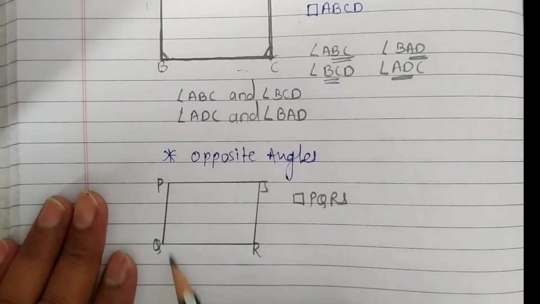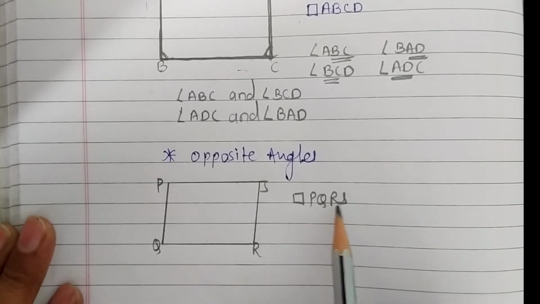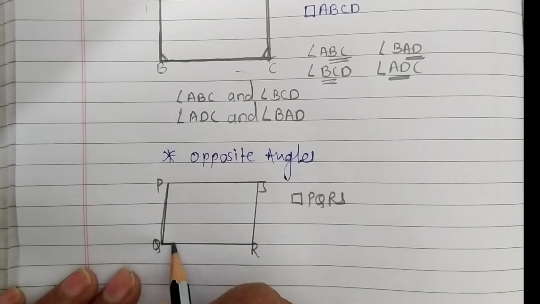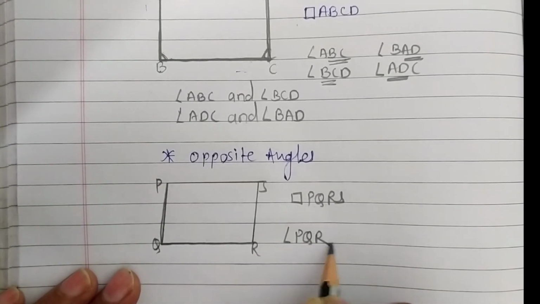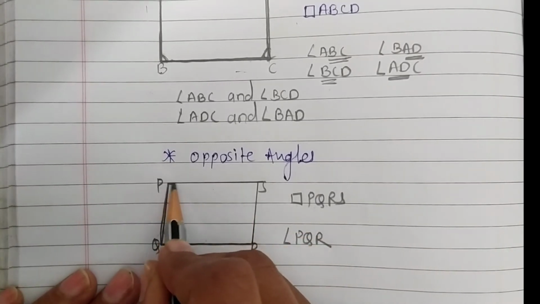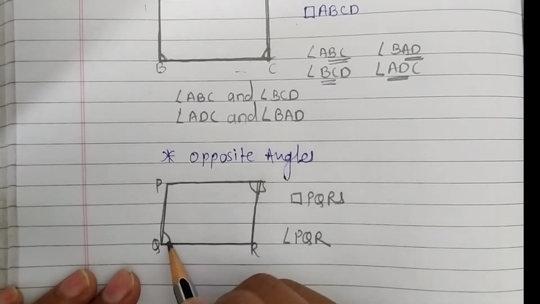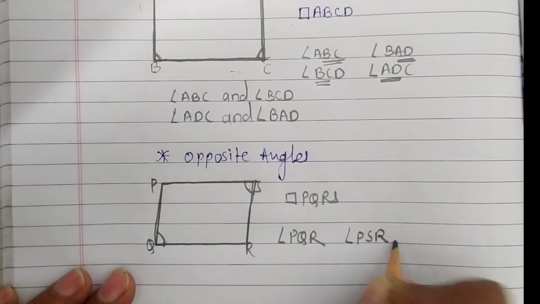So let's write here the opposite angles of quadrilateral PQRS. Let's write angle PQR, this one, and angle PSR, this one.